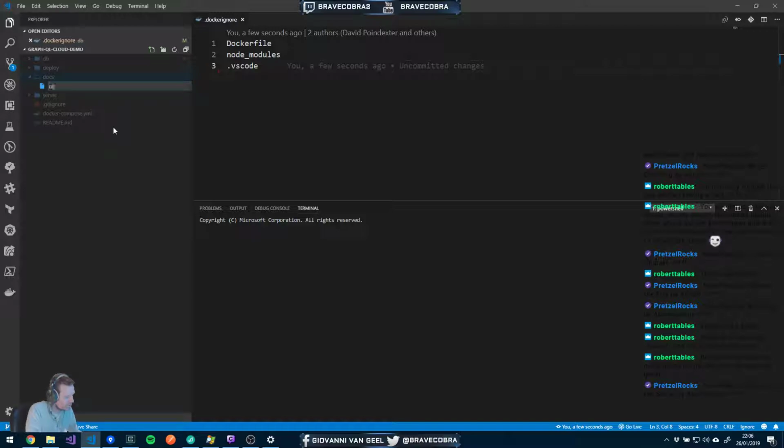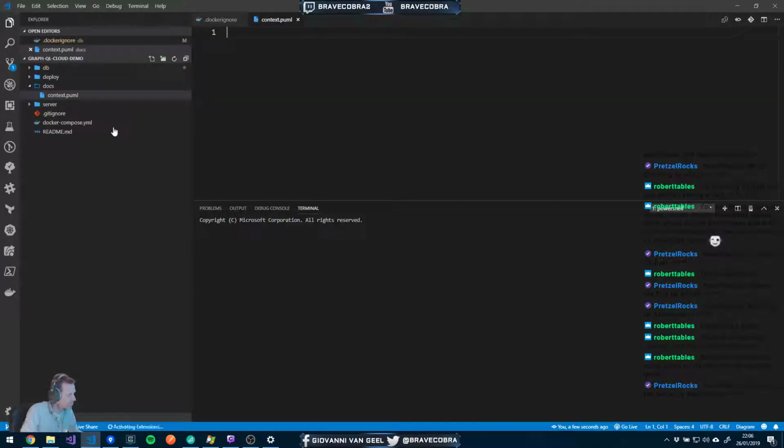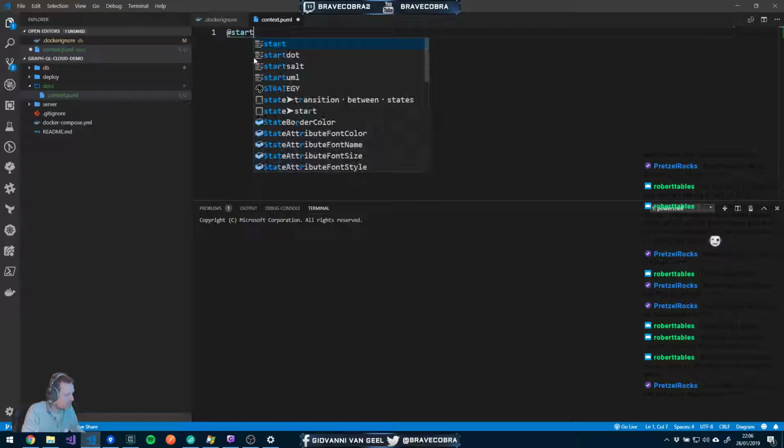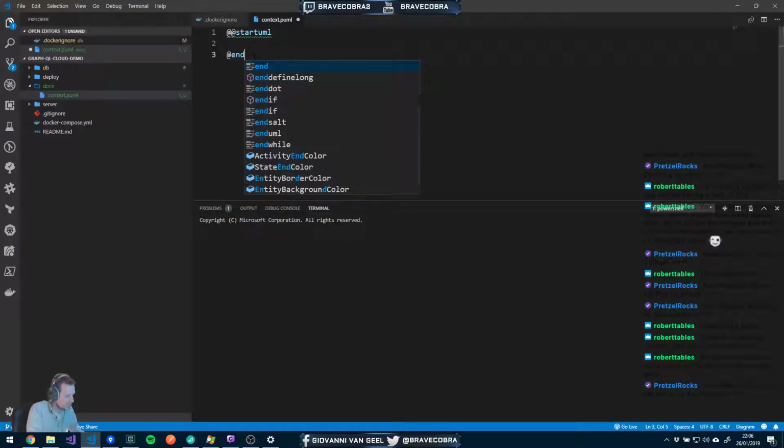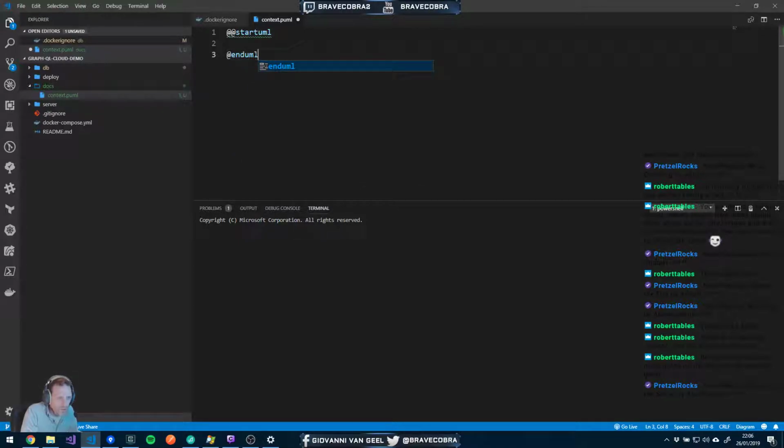So let's start with the context, which is going to be a PlantUML thing, so the extension is PUML. And the only thing we need to do now is just say that we want to start the UML here. Okay, something like that.